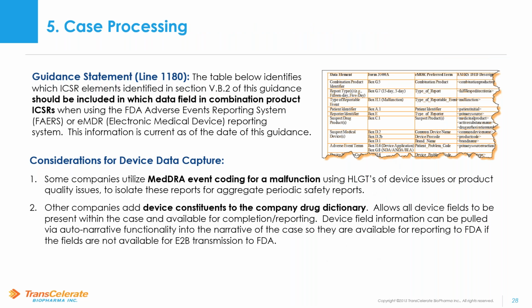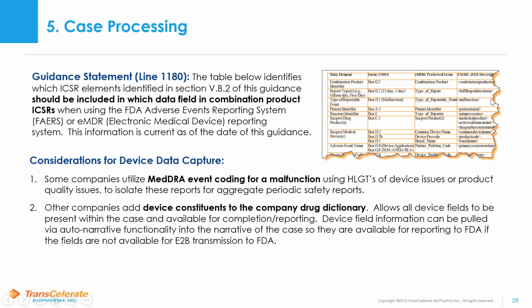Now we'll talk a little bit about case processing. So FDA has provided us a table in Appendix 4 of the draft guidance to assist us with mapping combination product individual case safety report elements to the data elements within the current Form 3500A, FAERS, and eMDR systems.